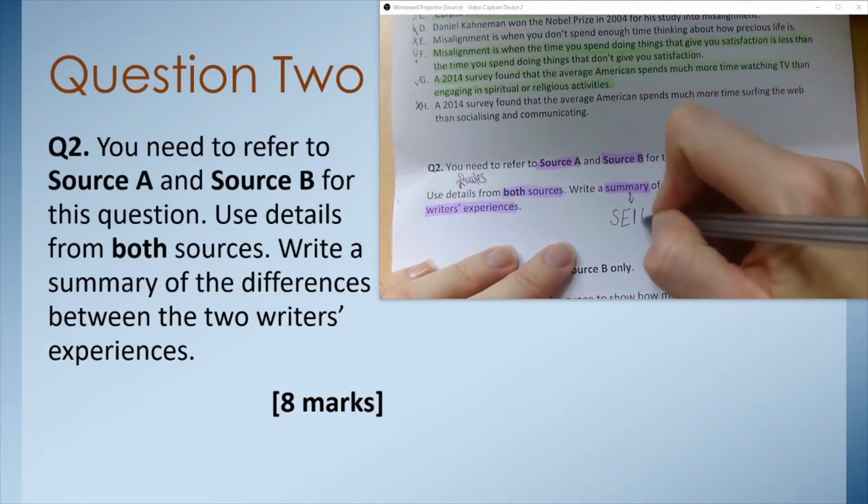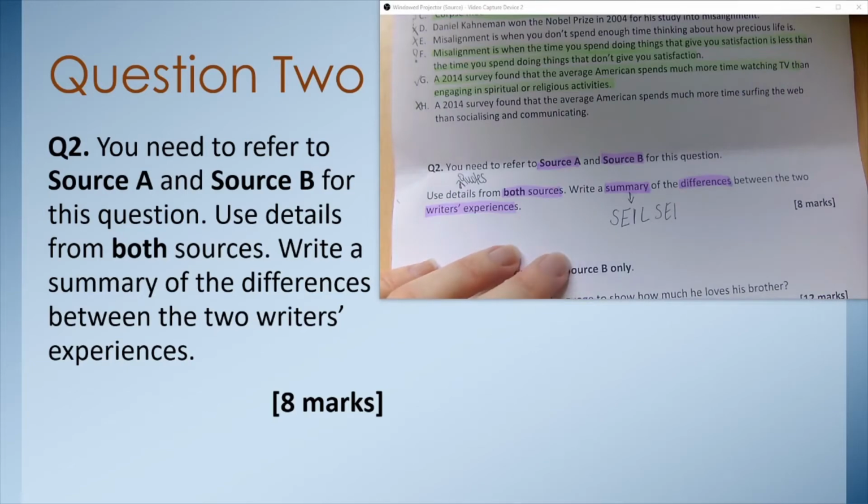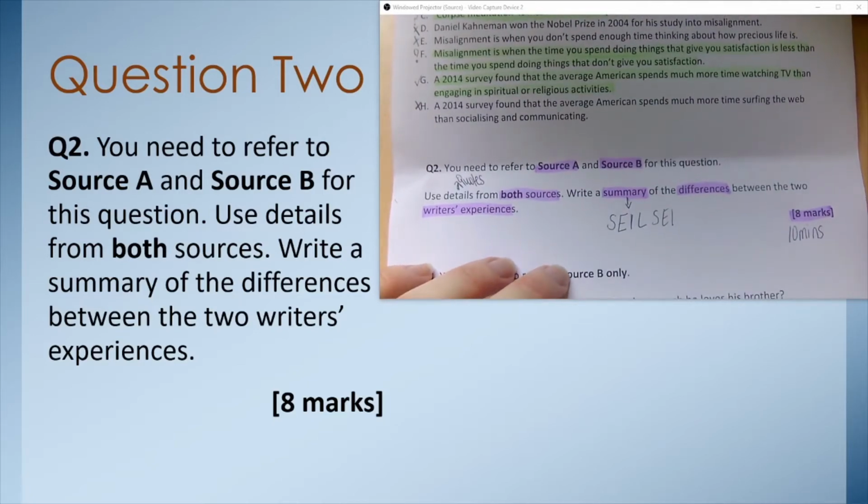So you'd make a link, and then you do the same thing again. So statement, inference, and you talk about the second source. Additionally, this is an 8-mark question, so realistically we want to be spending about 10 minutes on this question in terms of answering it. So 10 minutes to actually write up our response.